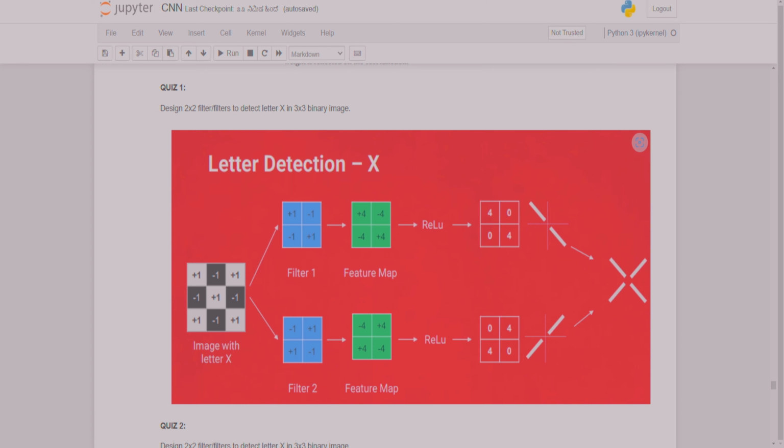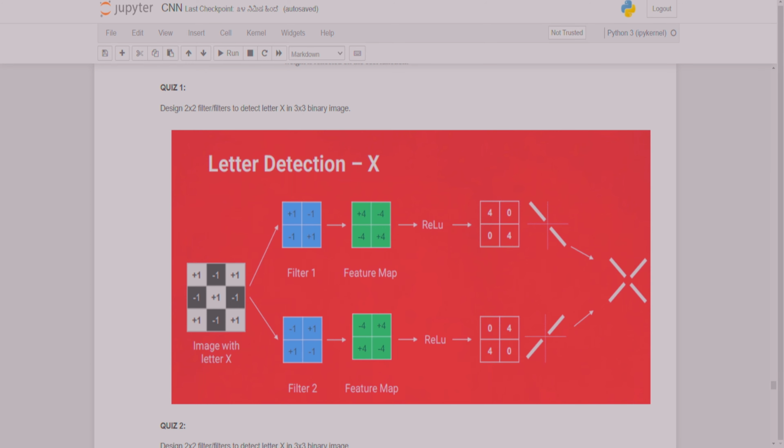You see here, the answer uses +1 and -1. It doesn't matter, you can even use 0. Let's say we have two filters: one to detect the main diagonal, and one to detect the other diagonal. This is the first one, wherein I'm trying to detect this diagonal.